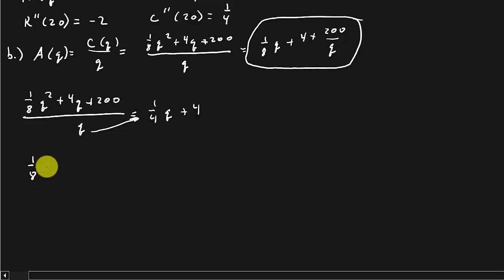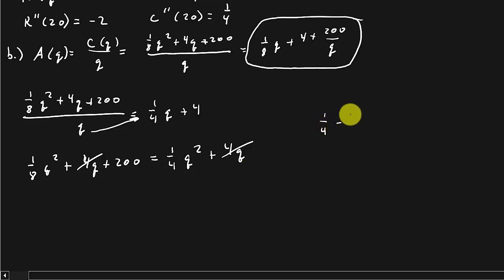So that's going to give me 1/8 Q squared plus 4Q plus 200 equals 1/4 Q squared plus 4Q. And you can see those go out. And so if I move this over here, 1/4 minus 1/8 would be what? 1/8. All right.